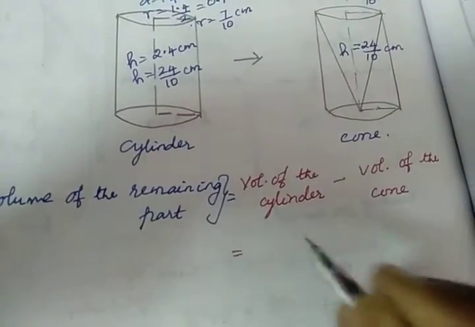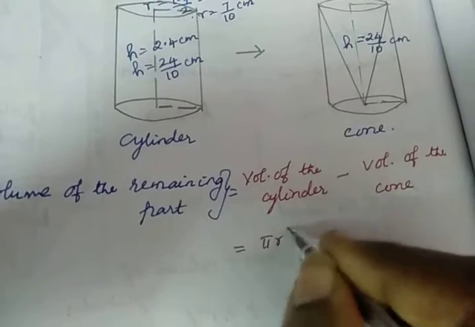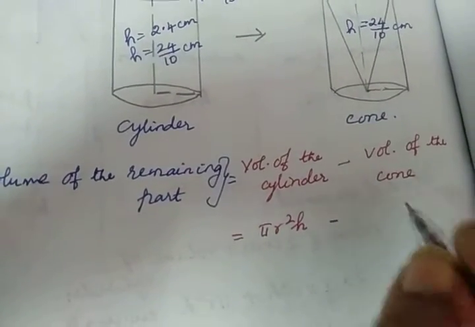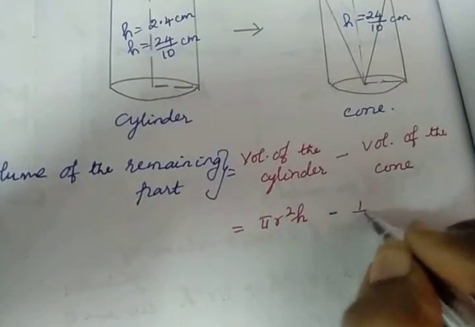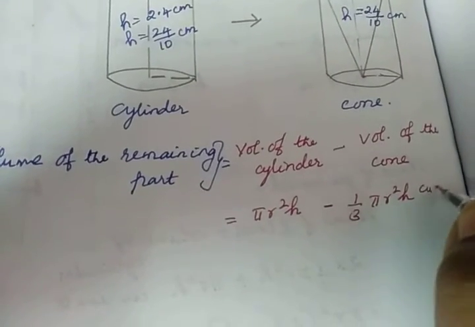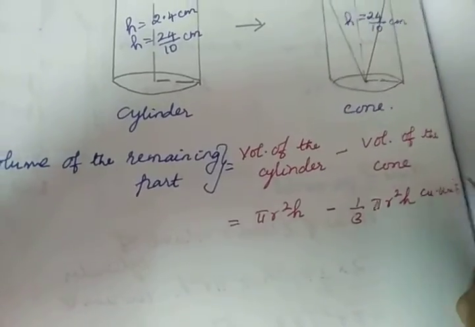What is the formula for finding volume of the cylinder? Pi r squared h cubic units. And for volume of the cone, the formula is 1 by 3 pi r squared h. Memorize the formulas thoroughly. Then only you can attend the sum.